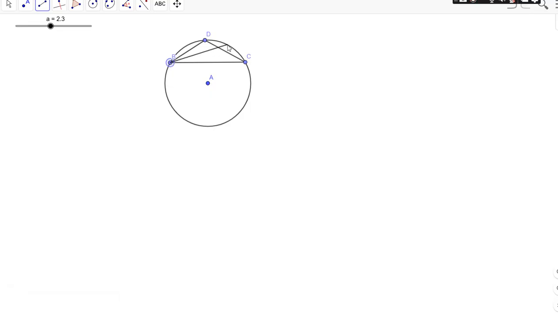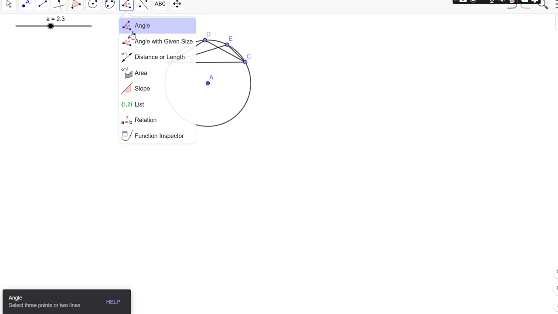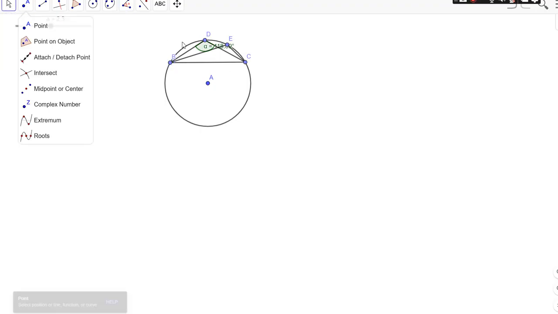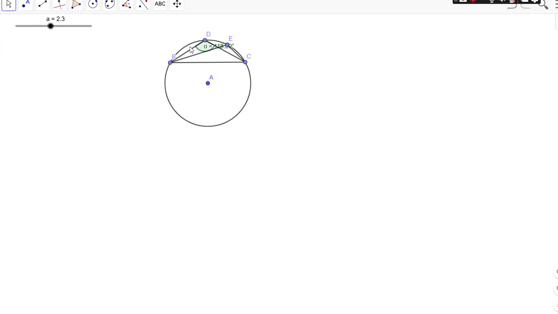If I take another point, I get another angle. So dear students, now let's measure the angles in the minor segment. Measure of angle BDE. Yes. Dear students, as you can see, the measure of the angle is 118.89 degrees.